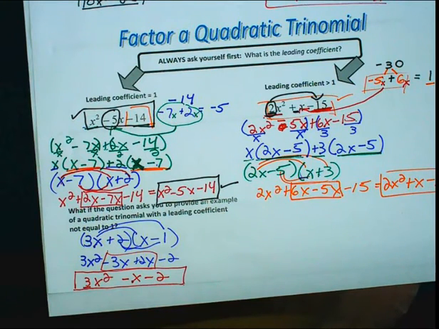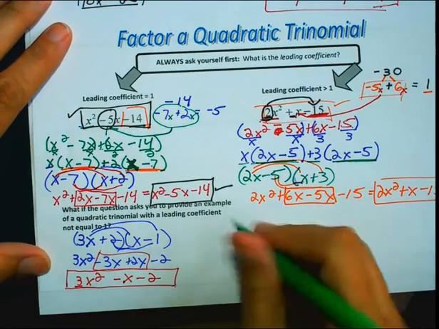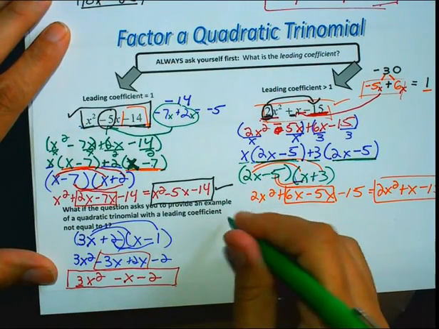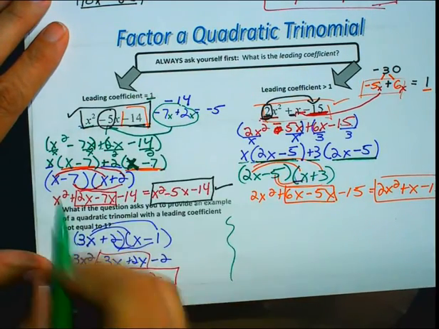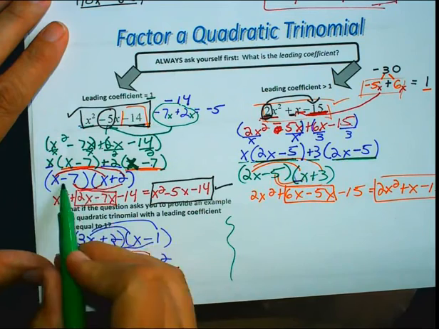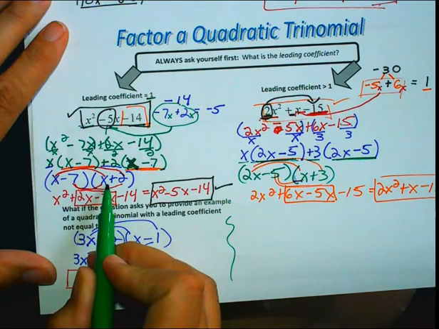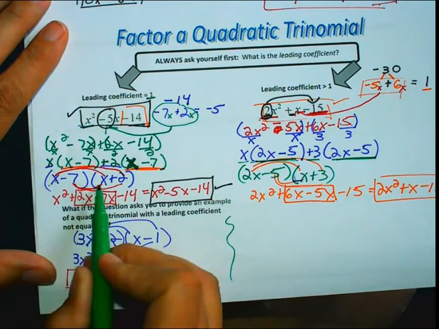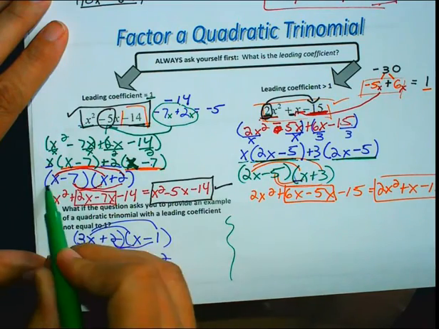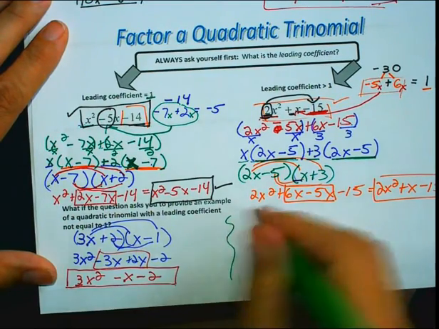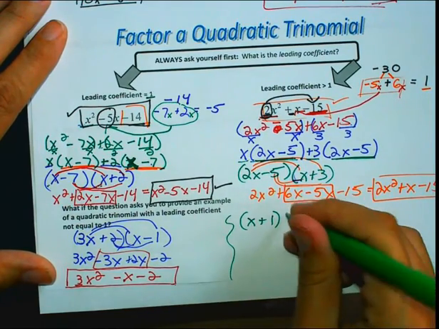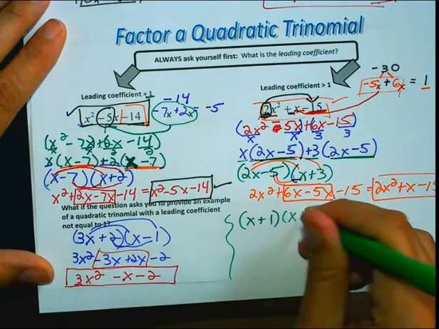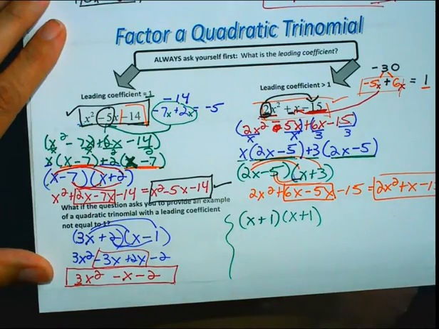So let's just practice one more. Let's say that they ask you for a quadratic trinomial with a leading coefficient equal to 1. Well, let's look at this. So this time I have my 2 binomials, but there's no number, there's no leading coefficient there. So let's say x plus 1, x plus 1. They could be the same factor.